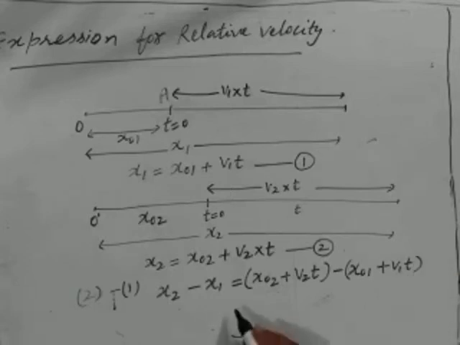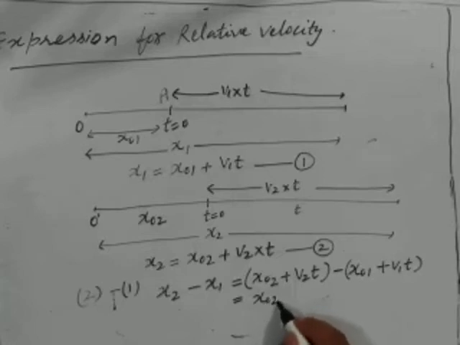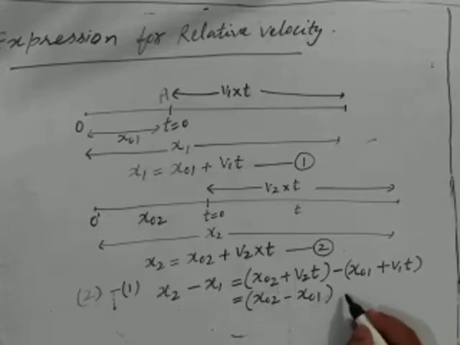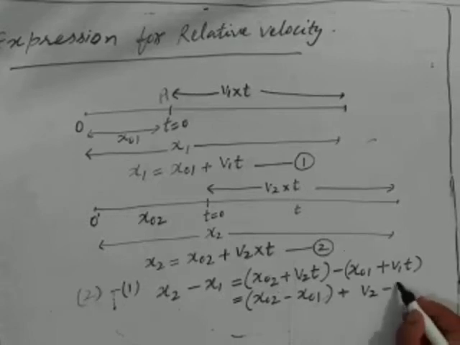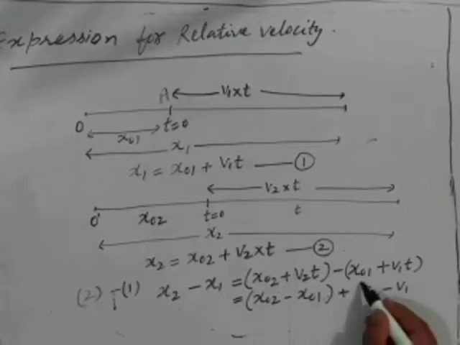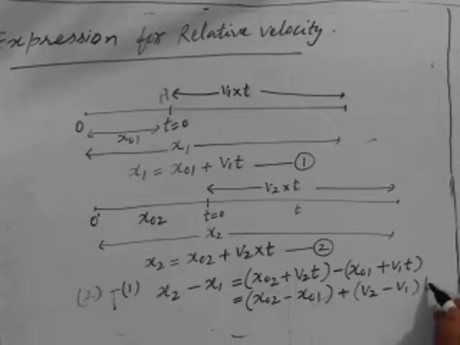So if we open the brackets, the equation becomes x02 minus x01 plus v2 minus v1, and t is taken as common.